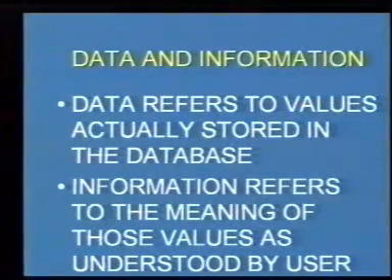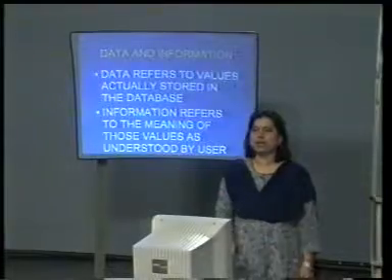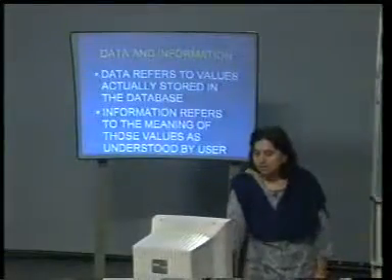However, information refers to the meaning of those values understood by the user. Information is basically the processed data. Once this data is there in the database, this data will be processed, only then we can retrieve the desired information. So this processed data is information.